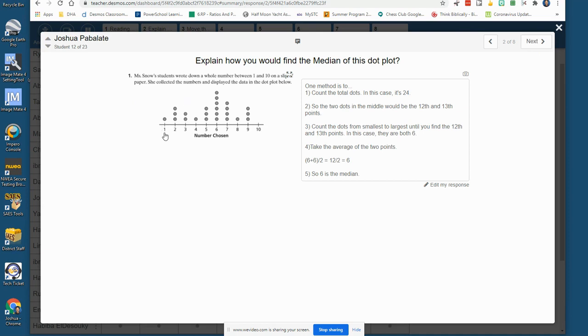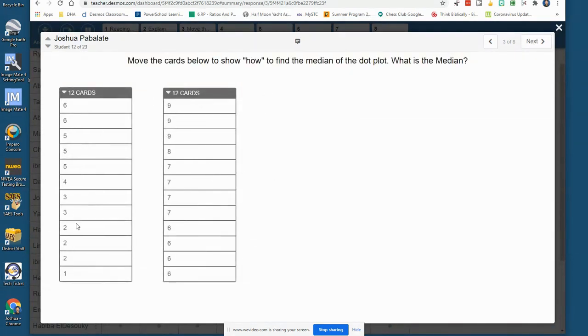So here, notice I have 1, 1, 3 2s, 2 3s, 1 4, and so on. And that's what I have here. So I put the cards in order: 1, 1, the 3 2s, the 2 3s, the 1 4, and so on. And now it's a lot easier.